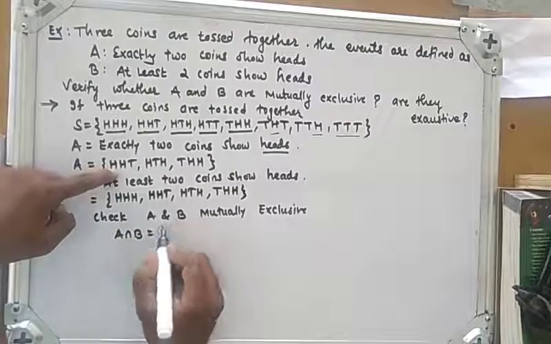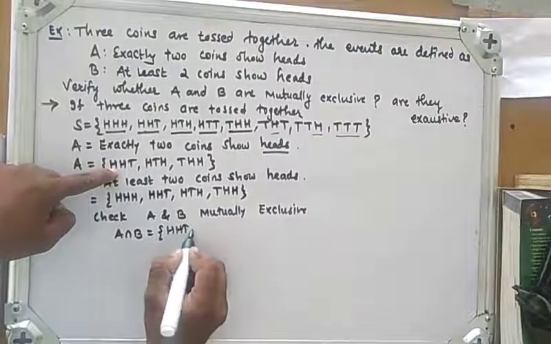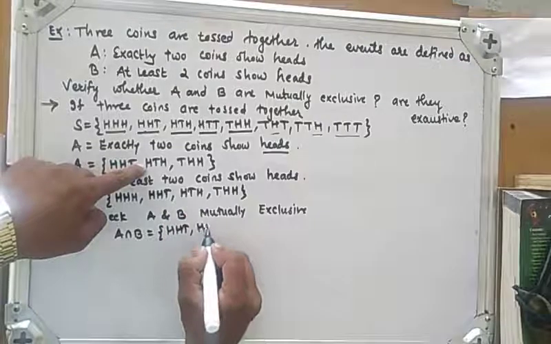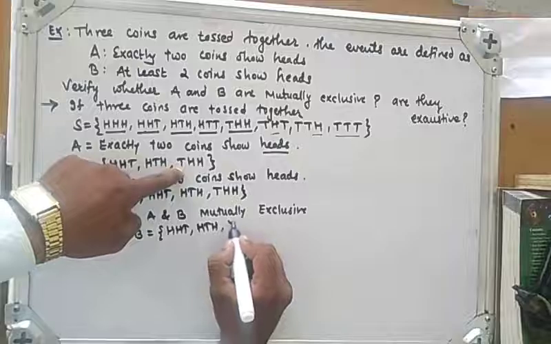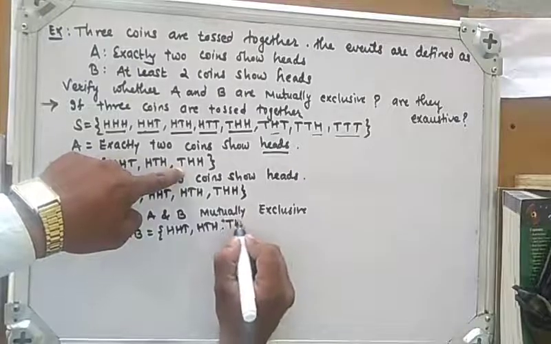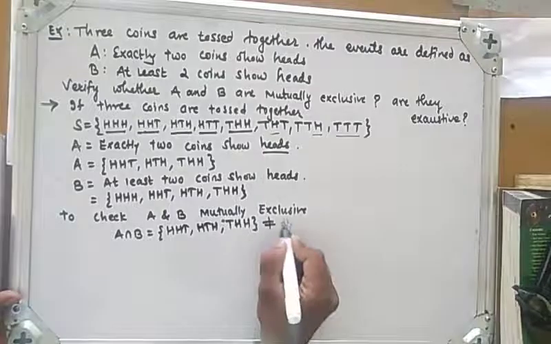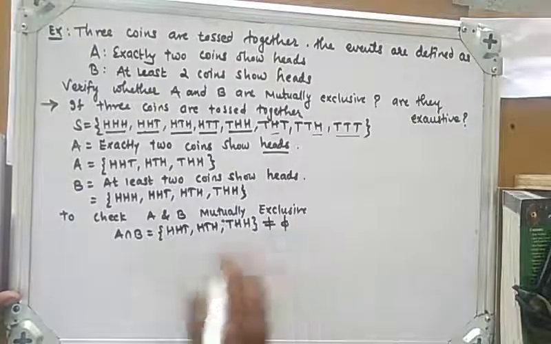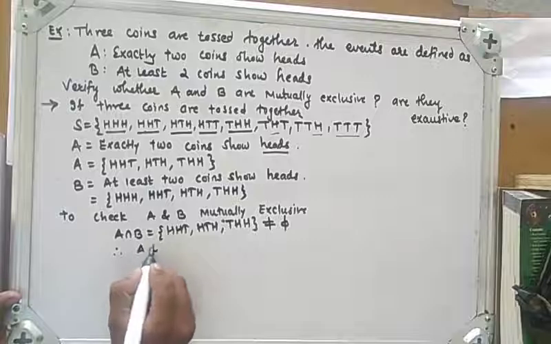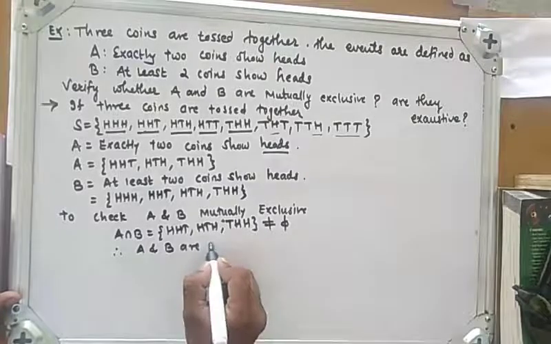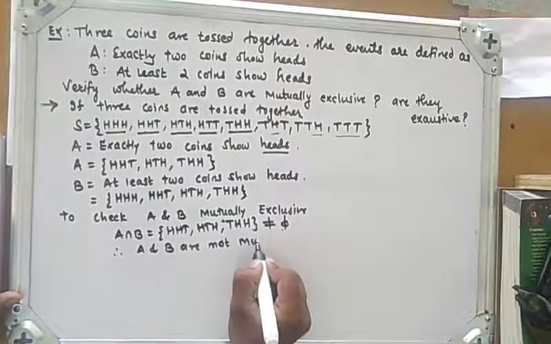H, H, T, H, T, H, and T, H, H. So A intersection B is not equal to phi, which is non-empty. Therefore we say that A and B are not mutually exclusive.